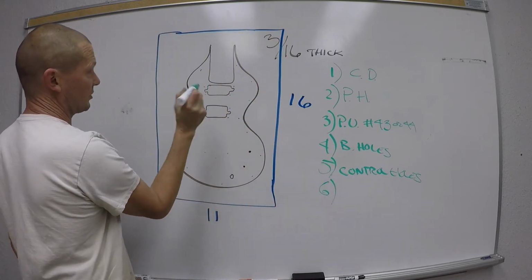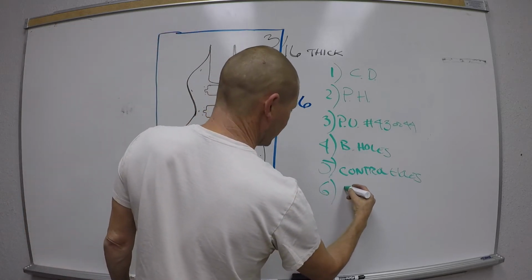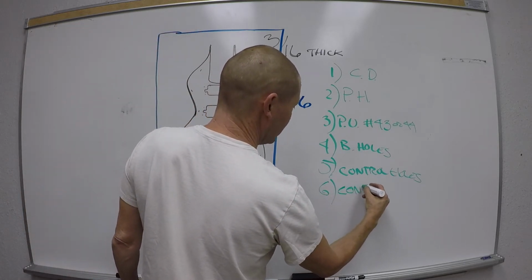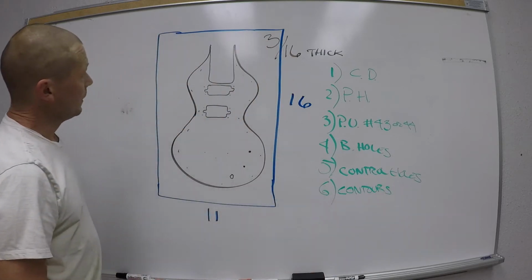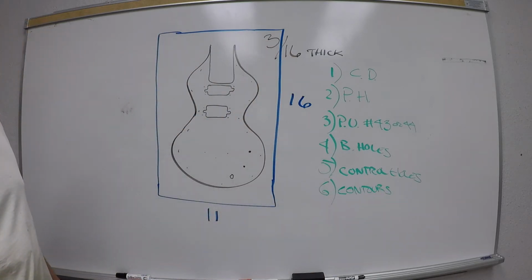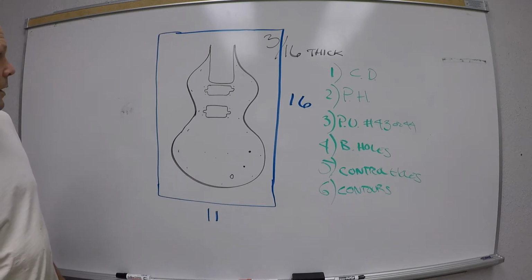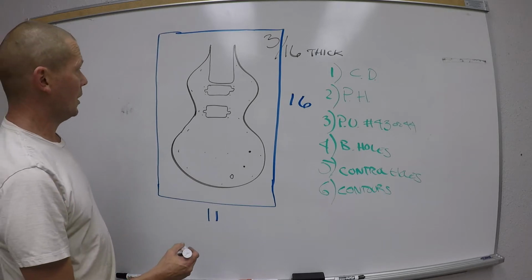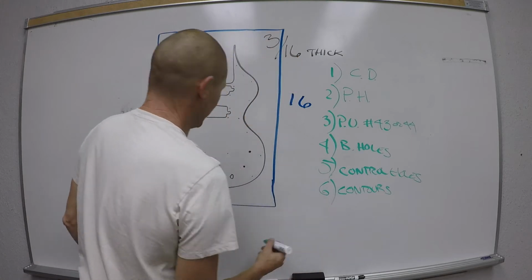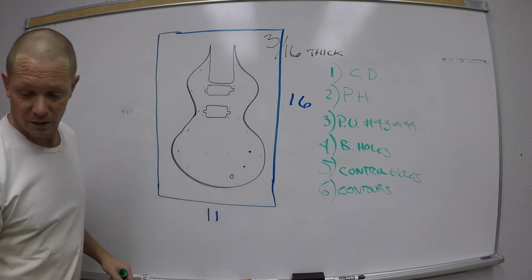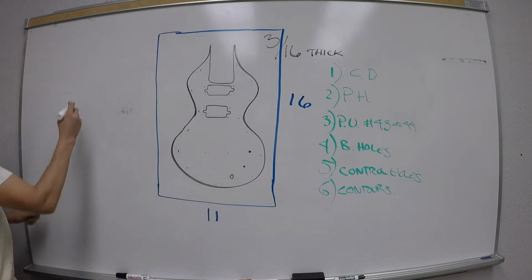They're not pockets, they're all the way through, so I'm going to call them contours, because that's what they are. Alright, and I'm missing something. I don't think so. And then after that, oh yeah.